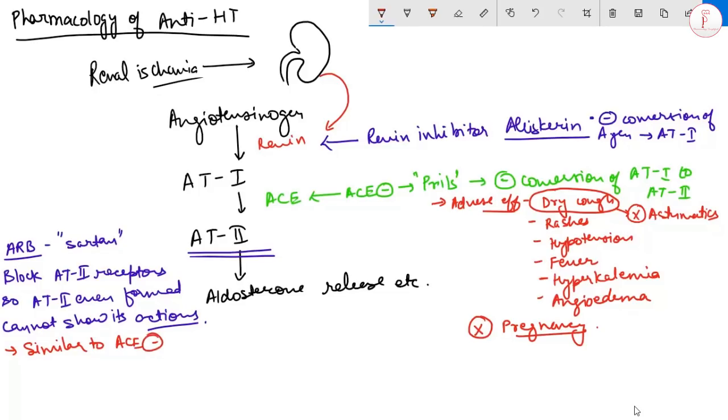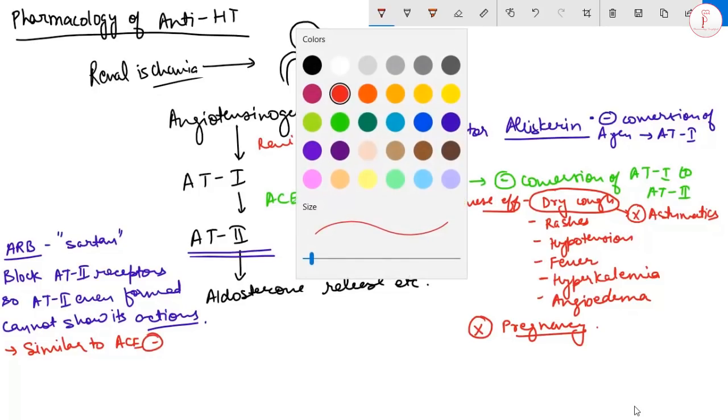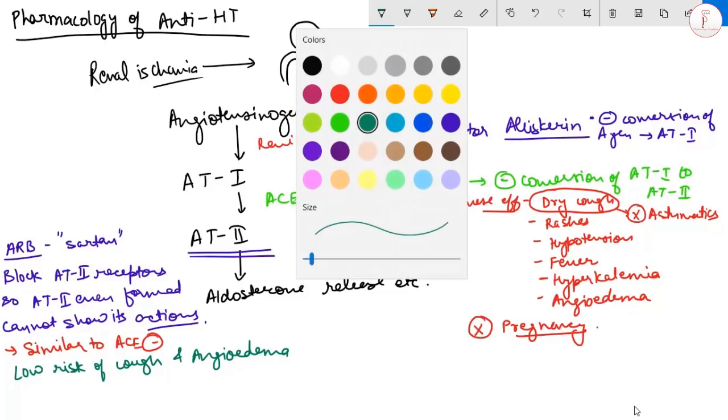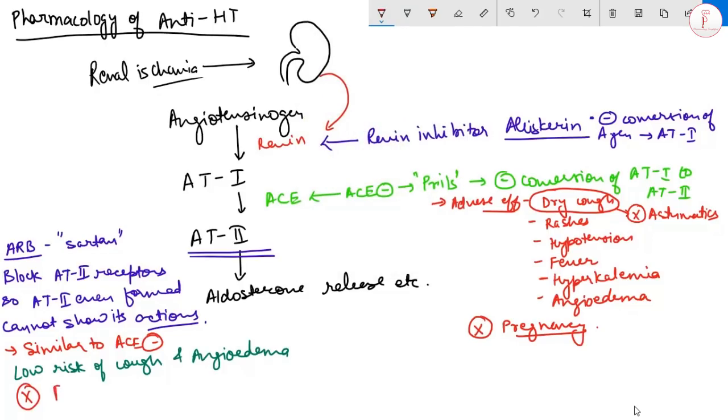And the adverse effects are similar to ACE inhibitors, but this dry cough is not seen, and cases of angioedema have lesser incidence in comparison to the ACE inhibitors. And yes, these angiotensin receptor blockers are also not to be given during pregnancy.